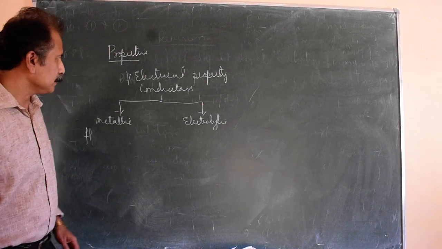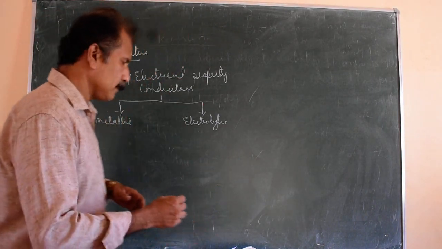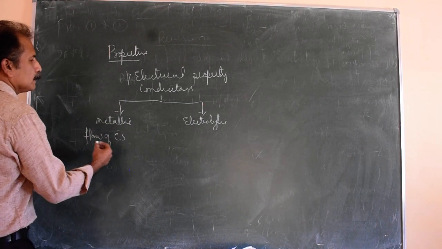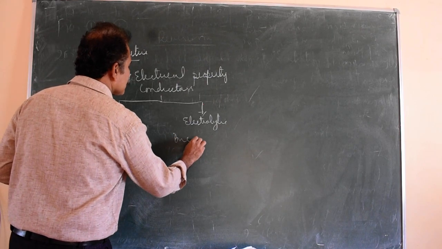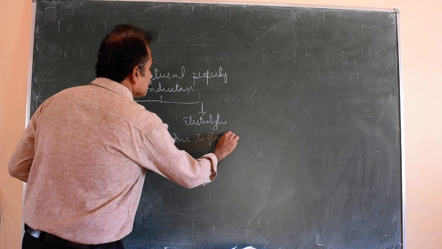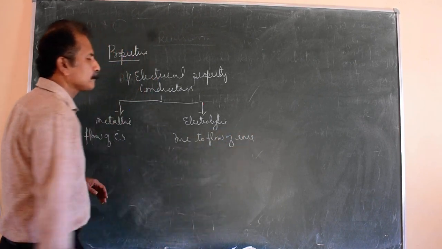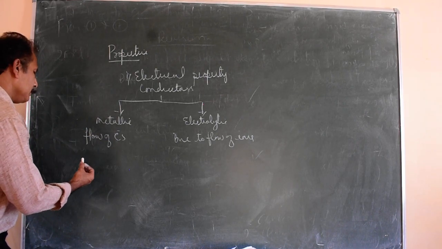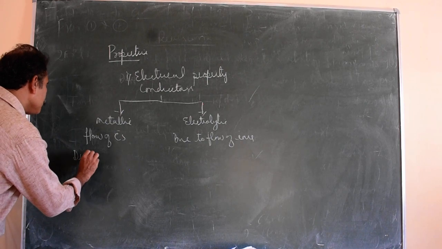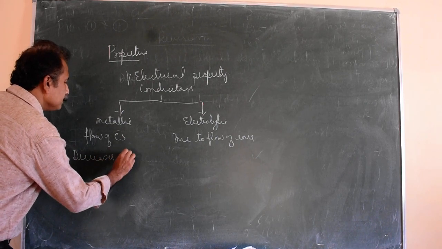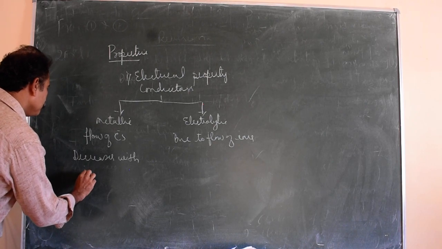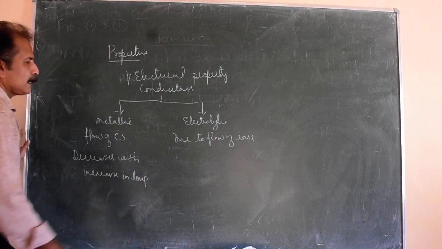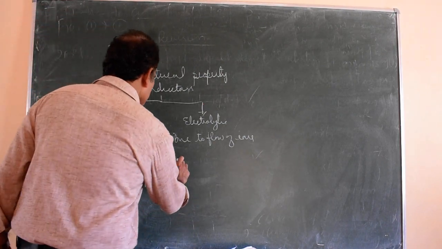Electrolytic conduction is due to the flow of ions. Second, metallic conductivity decreases with increase in temperature, whereas electrolytic conductivity increases with increase in temperature.